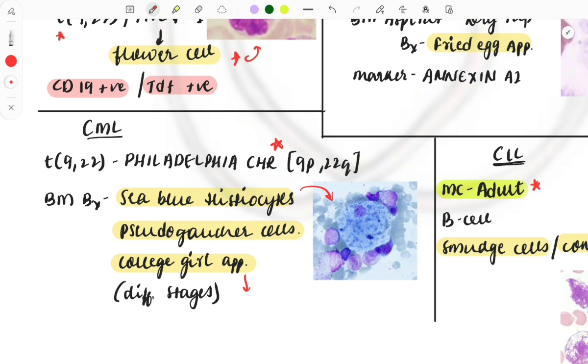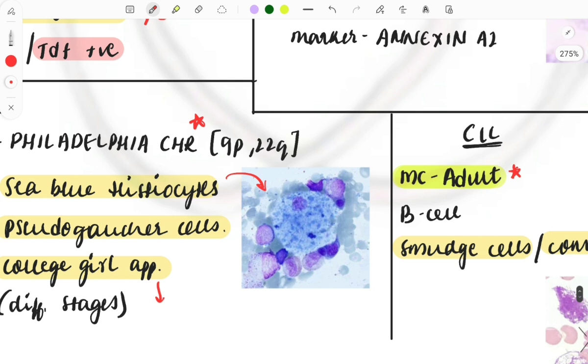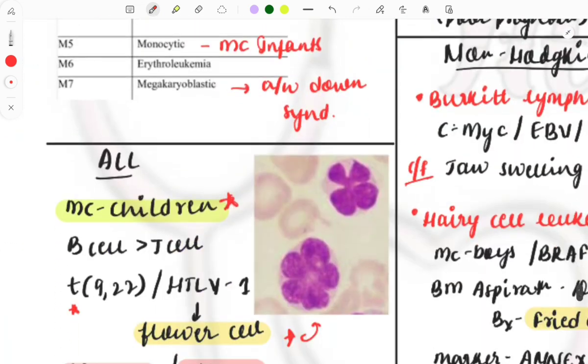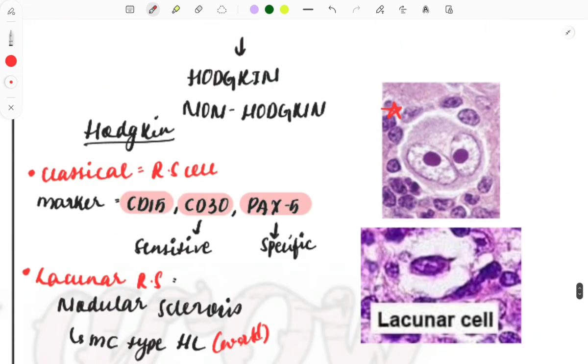On bone marrow examination, you can see blue histiocytes, Gaucher cells and collagen appearance. Meaning, you can find cells of various different stages together.